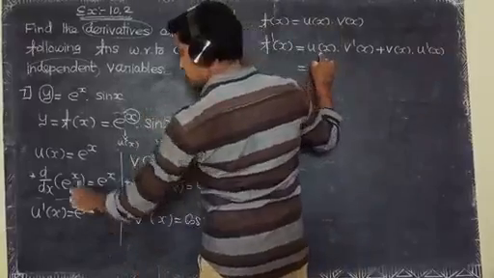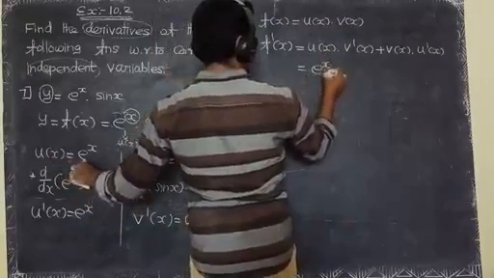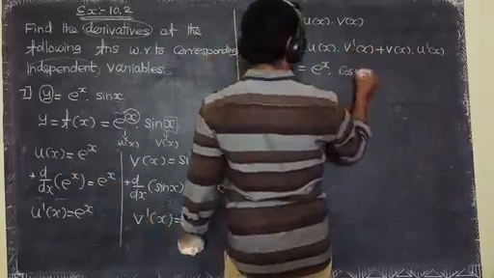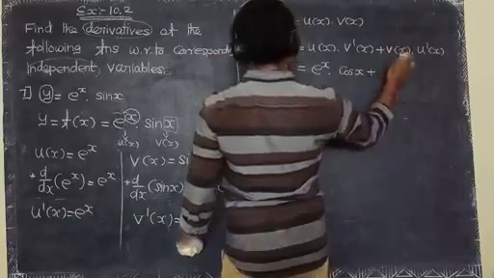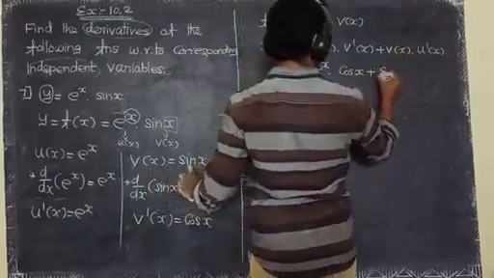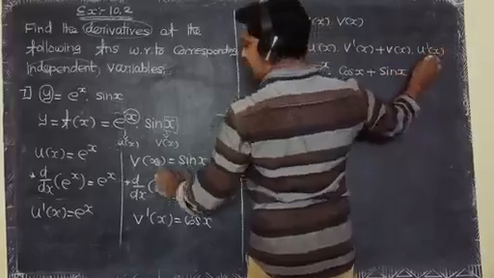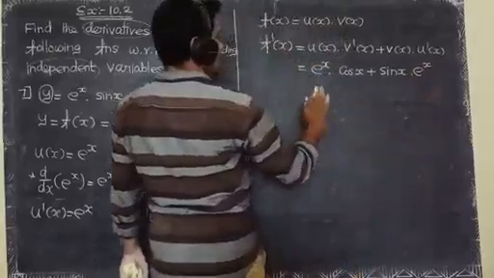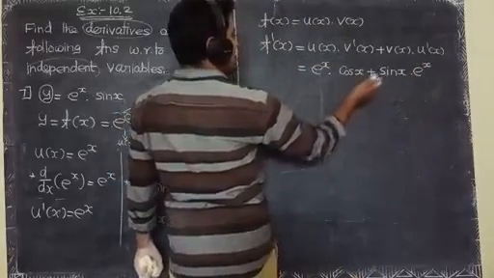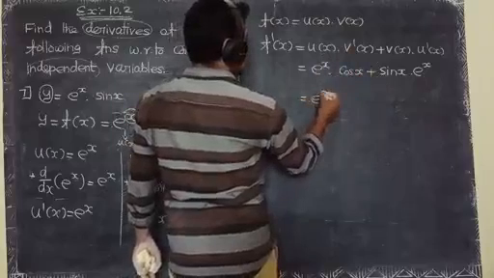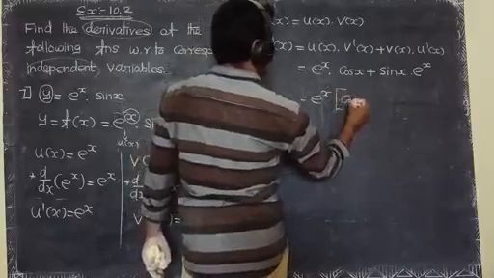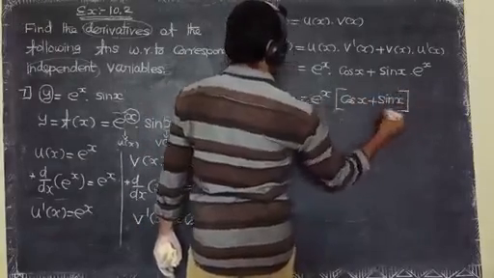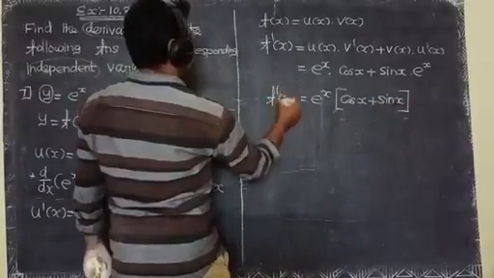Substituting, u of x is e power x, v dash of x is cos x, v of x is sin x, and u dash of x is e power x. Both terms have e power x, so taking it outside, the remaining is cos x plus sin x. This is the derivative of the given function.